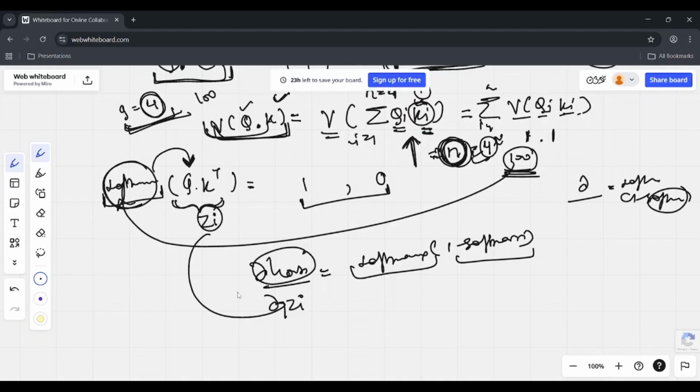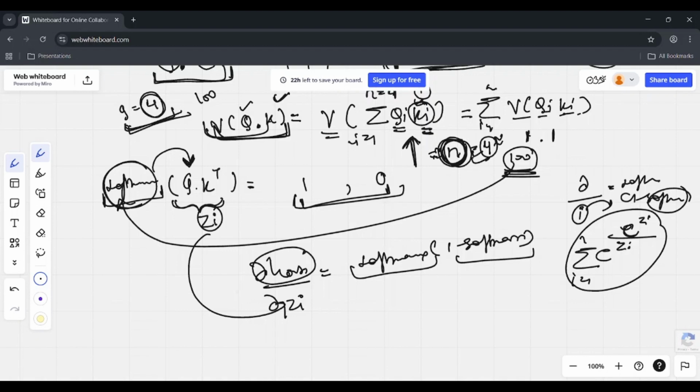We know the softmax function, right? It's nothing but e to the zi over the summation of i equals 1 to n. So this is what softmax is for the ith term. So what we are saying is that if the values are varying a lot, so if there is a value close to 0 or some value close to 1, then this derivative will be 0.